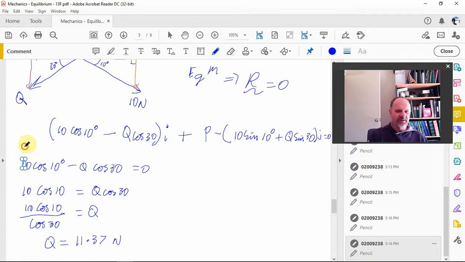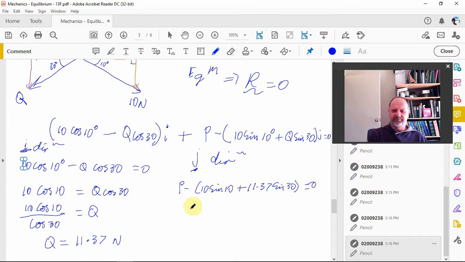And then of course that's the I direction. And in the J direction, we'll have P minus 10 sine 10 plus Q, which we've just found out, 11.37 sine 30, equals 0.